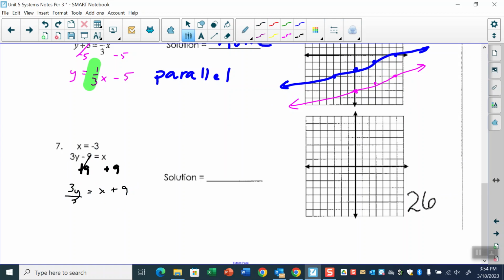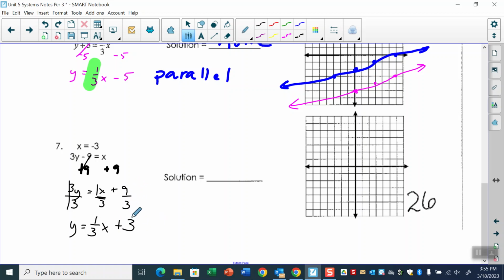And then I'm going to divide by 3. So I get y equals, and then that would be a 1 on the top and a 3 on the bottom. So that would be 1/3 x plus, and then 9 divided by 3 is 3.